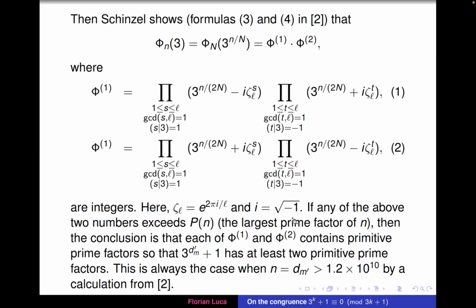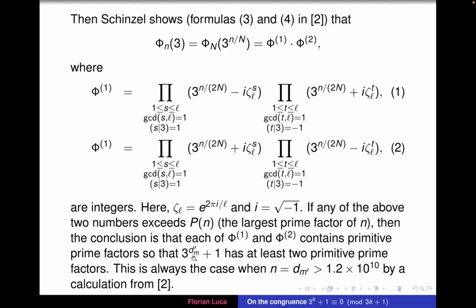That's a fascinating paper. And each one of these integers somehow contains primitive prime factors. And this is how he gets to the conclusion that there should be at least two primitive prime factors. Because it might happen that, just because you have the cyclotomic polynomial evaluated at the number 3, it doesn't make any prime factor there necessarily primitive.